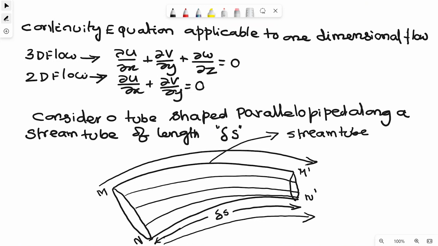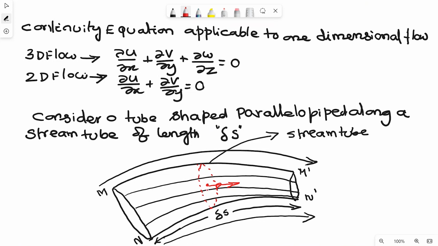Now, like in the previous section, I take P as the central point of this stream tube. So at P, along the tangential direction, first I need to find the mass at P, the same as what we did in the Cartesian coordinates.